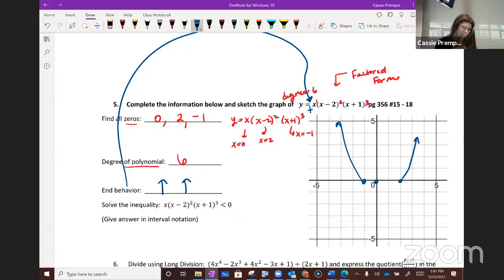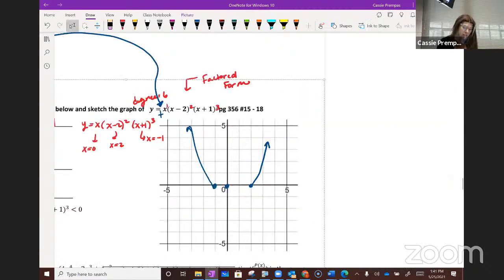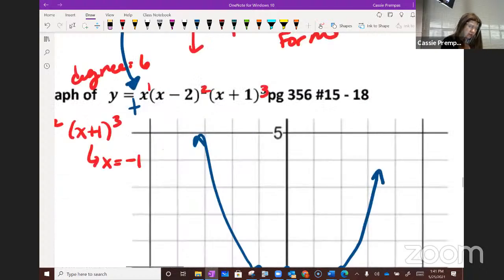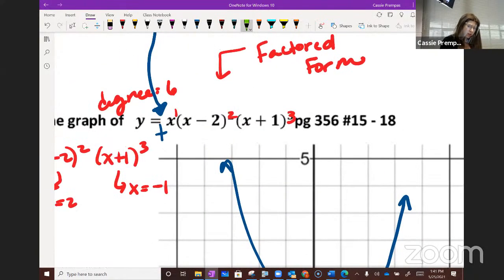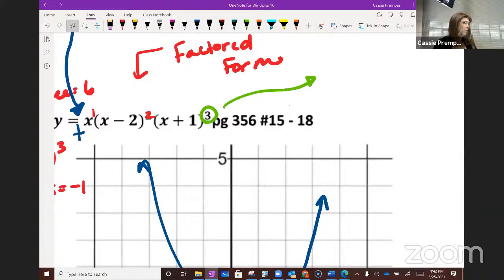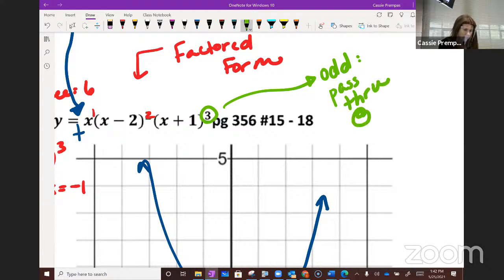Now, to finish the graph, there's something that we learned about the exponents of the factors. If I have an exponent of 3, for example, that's going to tell me something about the zero value, x equals -1. Do we remember a little bit? It either goes through or it bounces off. If it's odd, it's going to pass through at the zero.